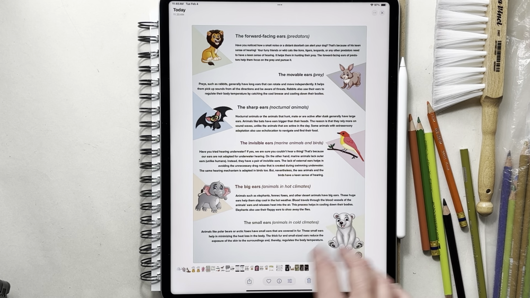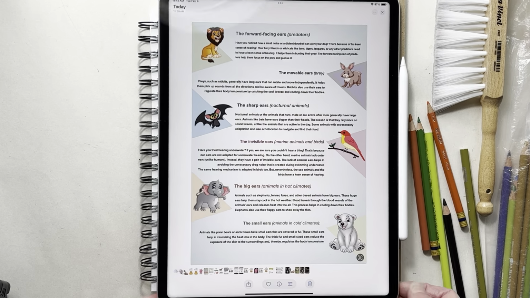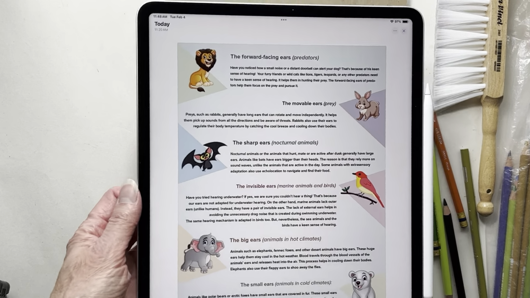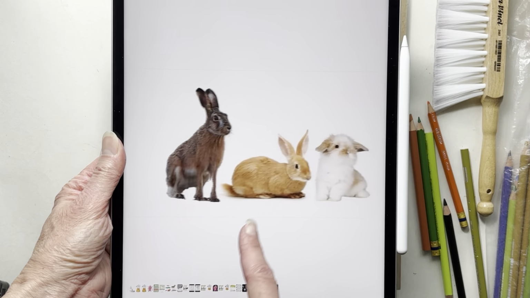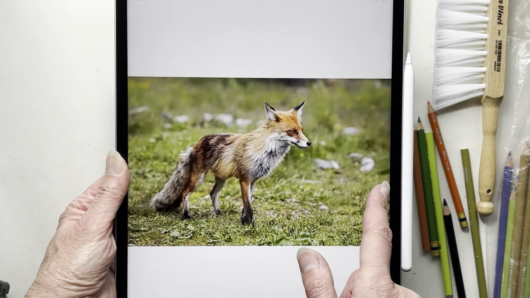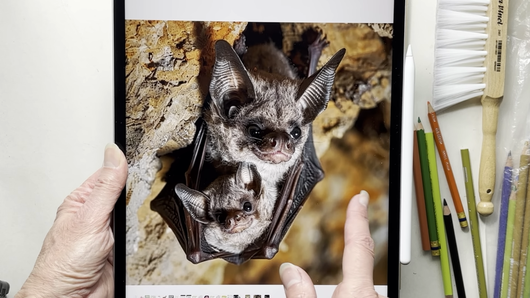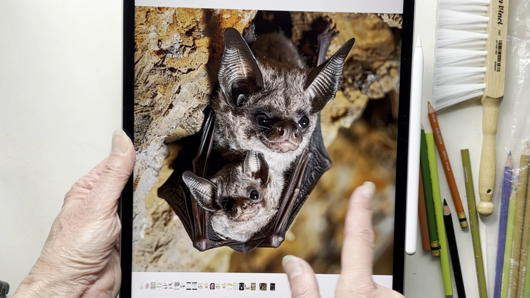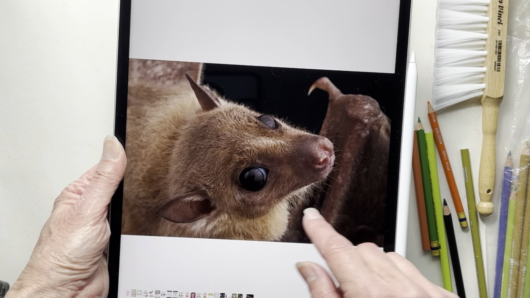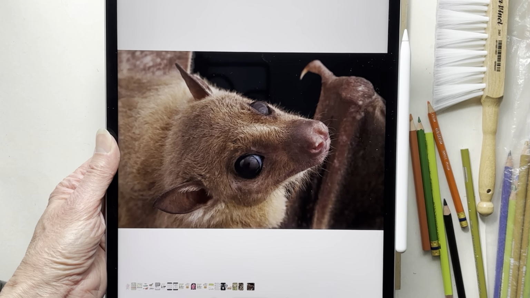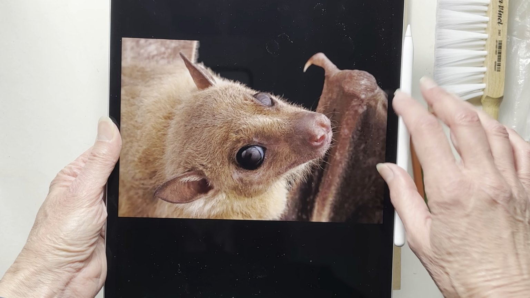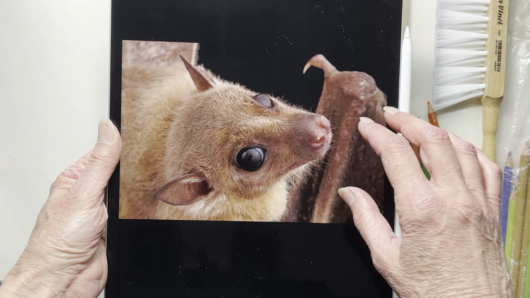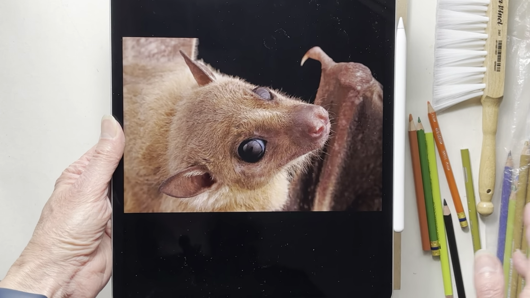I may draw something or just mention that animals in cold climates have smaller ears. But for now, anyway, I saved some bats and rabbits and a fox, some cute bats. I googled cute bats, and I saved this one partly for its cuteness and partly because it's not exactly a profile, but you can see the silhouette, the shape of the head.